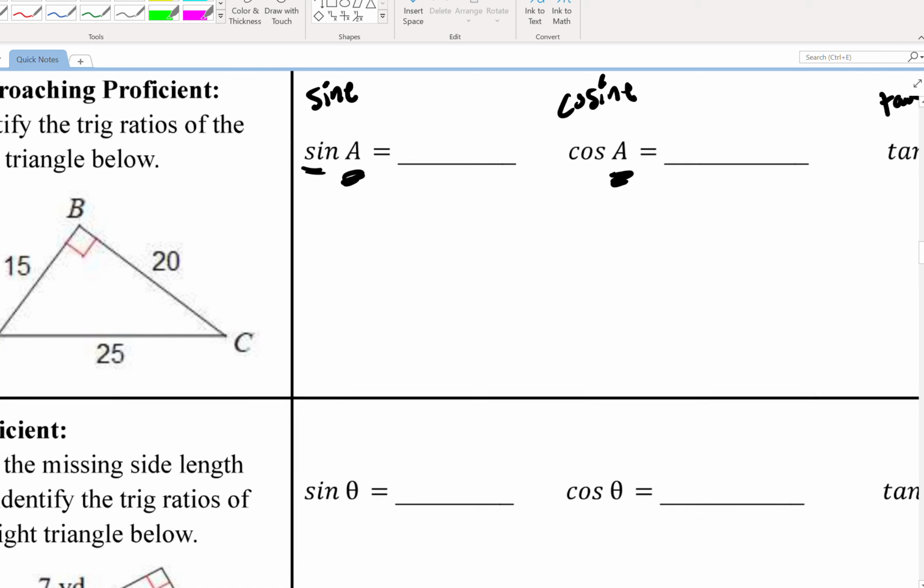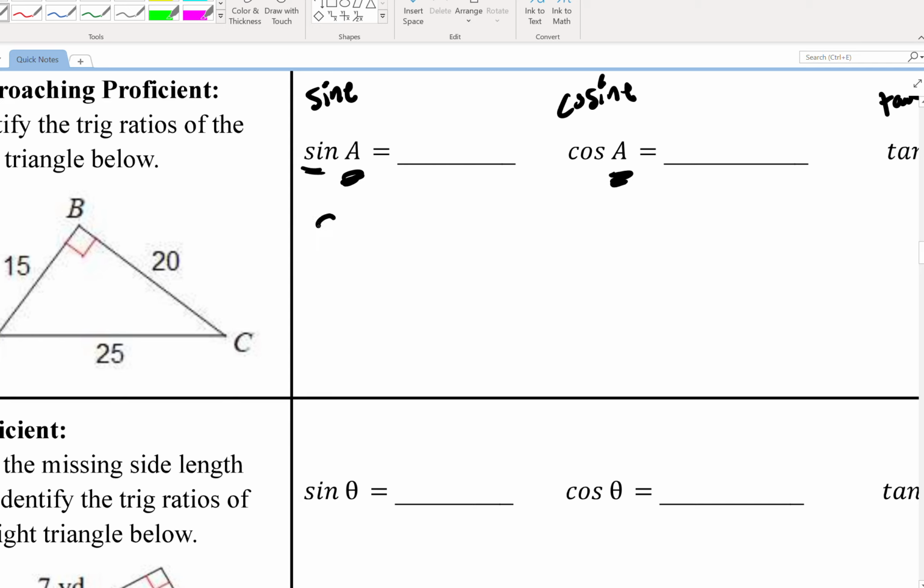So we have this mnemonic to help us remember. You recall that PEMDAS is kind of a nonsense word, but it's a mnemonic, a device to help us remember the order of operations: parentheses, exponents, multiply, divide, add, and subtract. We have another mnemonic that doesn't mean anything by itself, but it helps us remember, and it goes SOH CAH TOA.